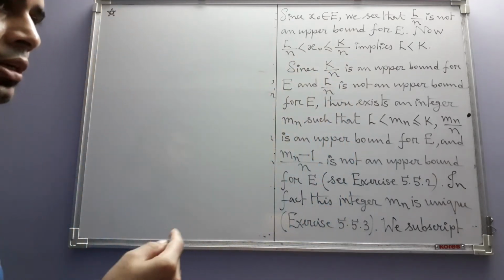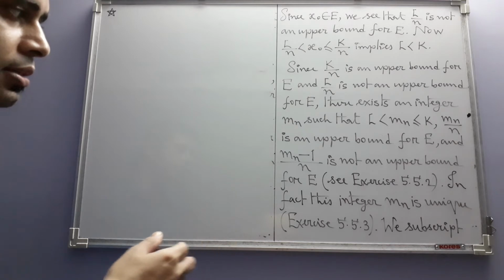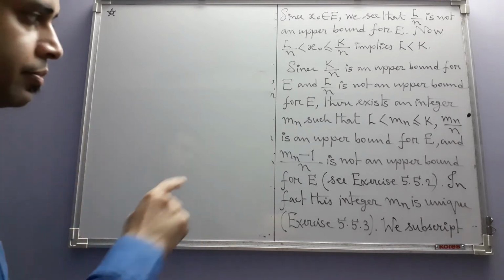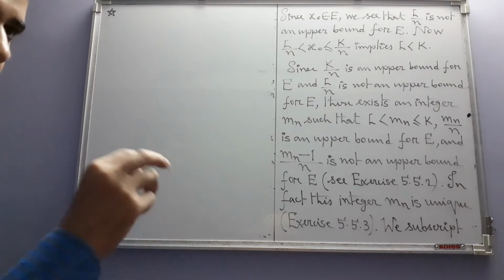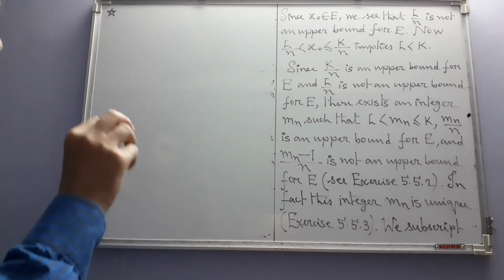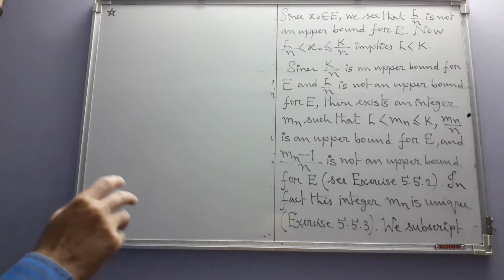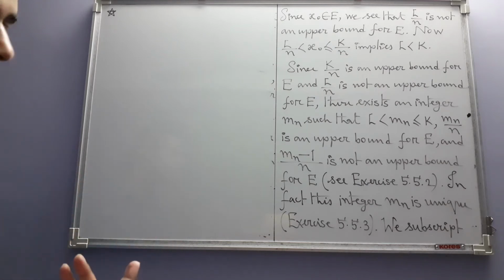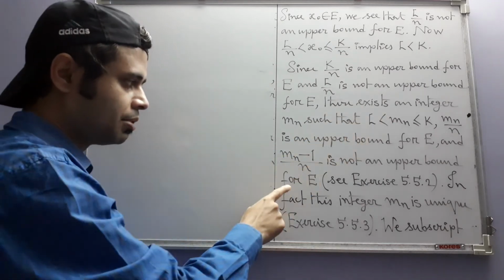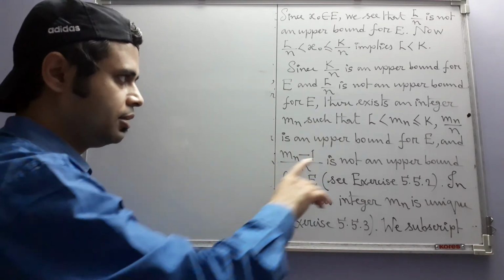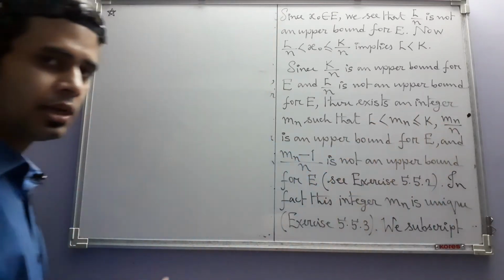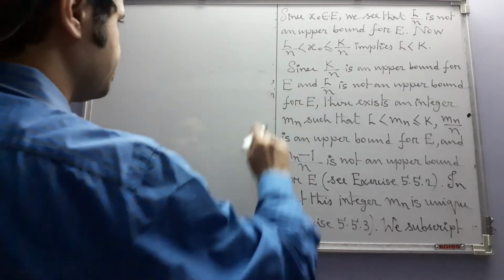So you choose n equal to 1, for that there is one such m1. You choose n equal to 2, there is m2, and that integer is unique. If I choose an n, then mn exists and is unique, which has these properties, that mn minus 1 by n is not an upper bound for E, but mn by n is an upper bound for E.